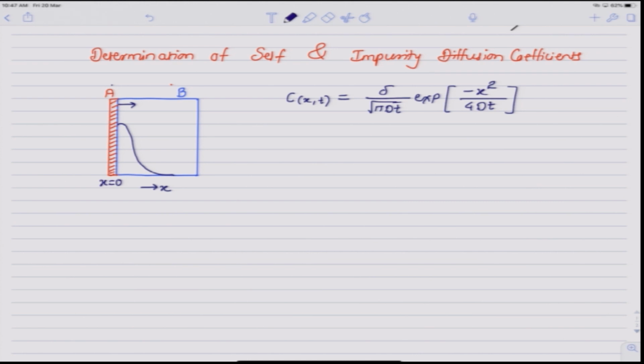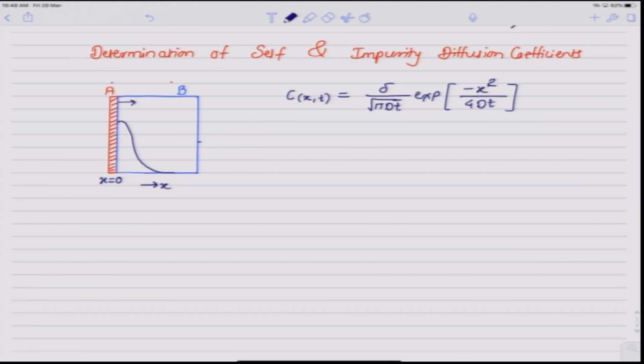Now, this solution was valid for infinite boundary condition, which means it is assumed that the diffusivity and the diffusion time are such that this diffusant A does not penetrate all the way to the other end of B, and so for all practical purposes the other end can be assumed as x equal to infinity.